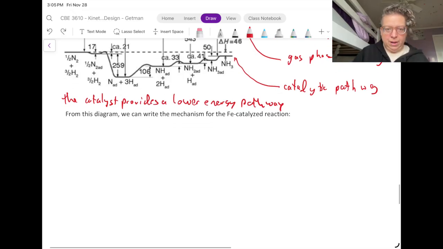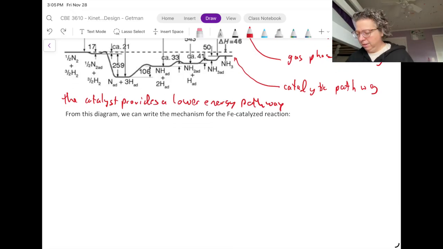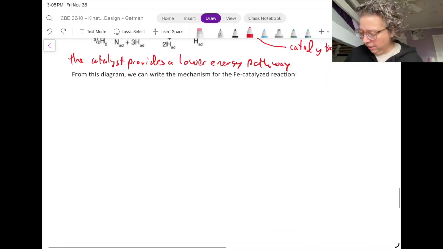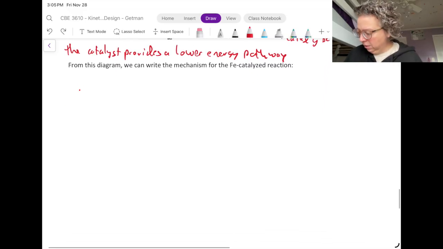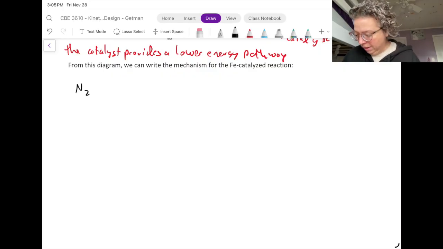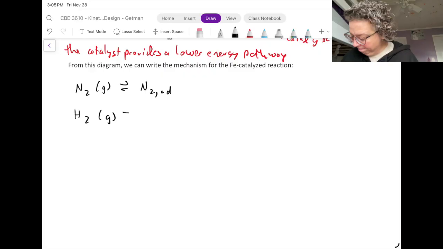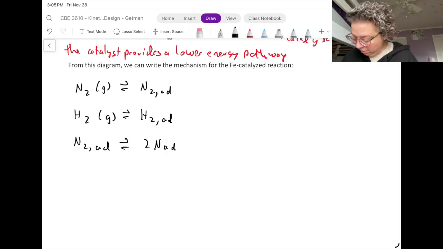If I extract out all of the elementary processes from this diagram, I get nitrogen adsorption, where molecular nitrogen gas adsorbs to the surface. I also have hydrogen adsorption. I now have to dissociate nitrogen and hydrogen into adsorbed atoms.